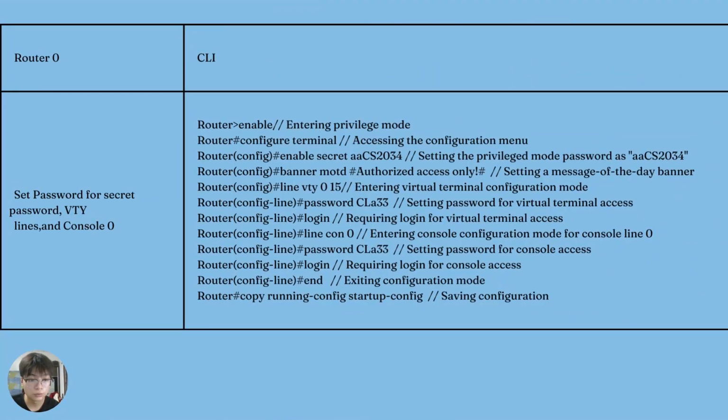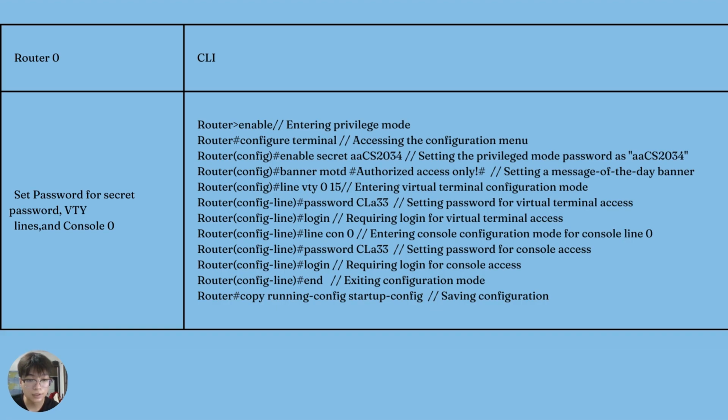Now I want to show how to do the IP configuration. For router 0, set the password for secret, password, VTY line and the console 0. Enable, configure terminal, enable secret AACS2034, banner MOTD authorized access only to set the message of the day banner.